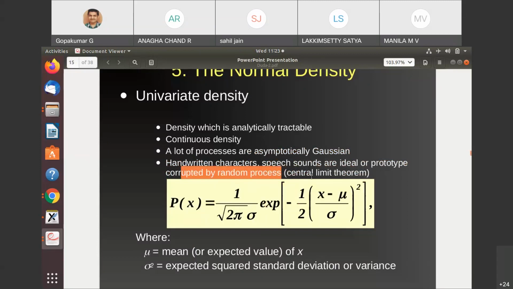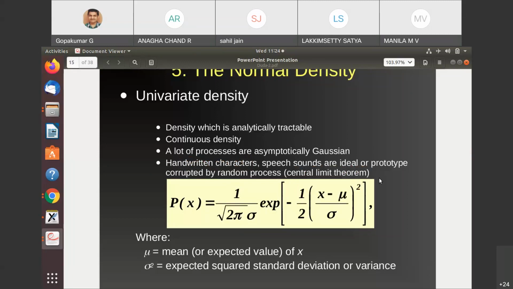That is the way we discussed with the curve fitting example, and similarly it can be applicable to other cases also. So we can say that there is a particular character, and all the other characters written by various people are corruptions, due to many reasons. That is the way we can approximate that. So this is called the central limit theorem.